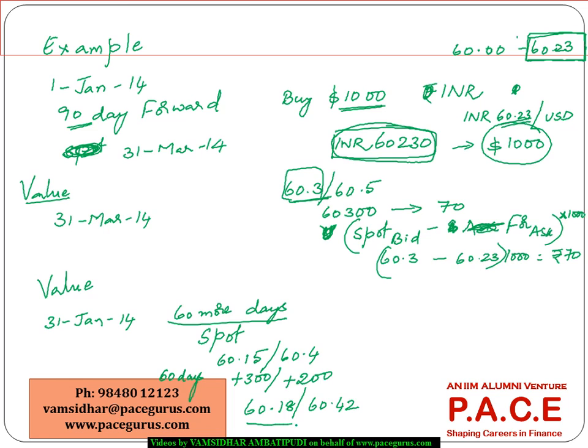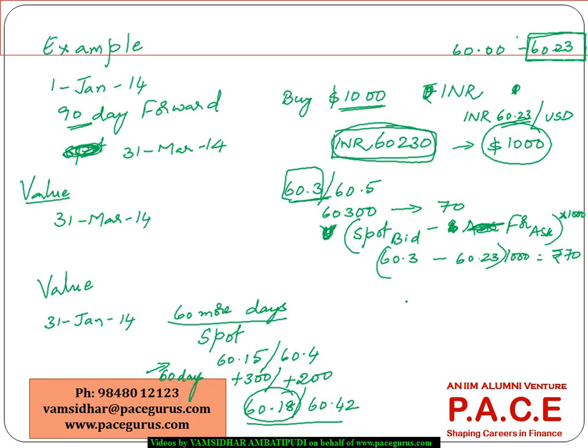Which means if I had to buy as per this forward contract, I would have sold my dollars, whatever the $1,000 I am having, I am forced to sell them at 60.18 only.